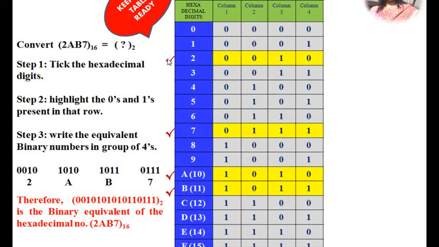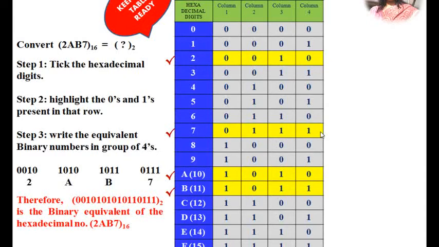2AB7 I have written, and at the top I have written the binary equivalent. See the binary number for the hexadecimal digit 2, it is 0010, that thing I have written. For A it is 1010, for B it is 1011, and for 7 it is 0111.